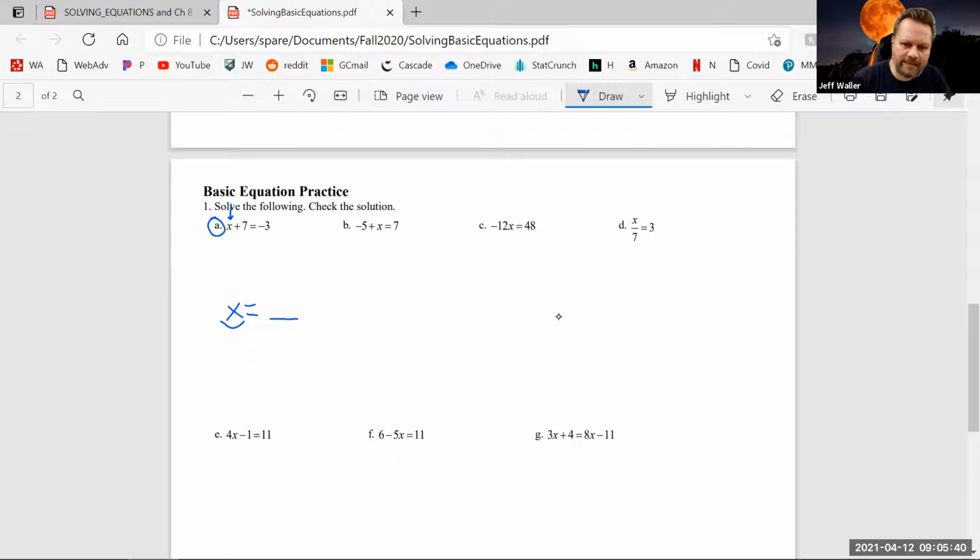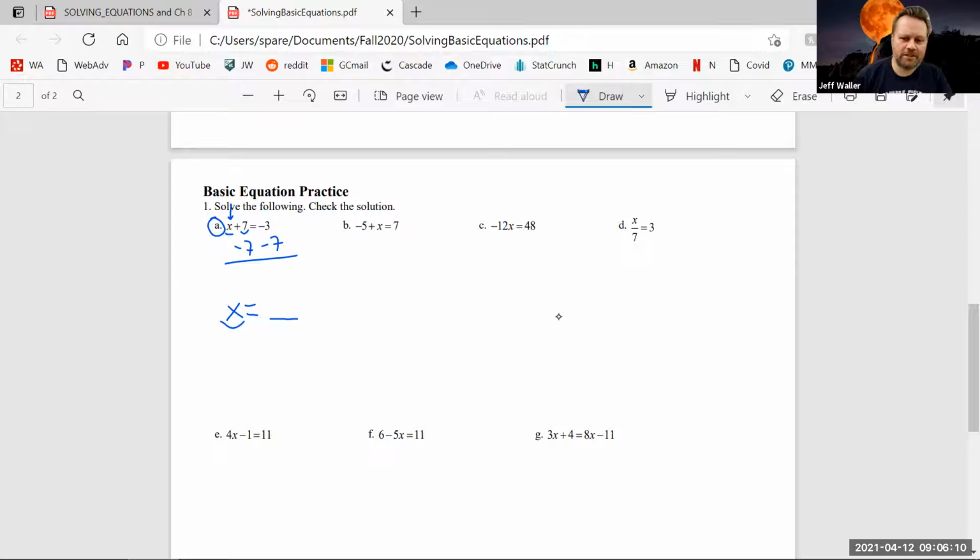So I'm always asking myself, why is the variable not by itself? In this case, the 7. Well, how do I get rid of that 7? Well, he's adding, so I'm going to subtract him. All right. And I know that if I do the same thing to both sides of an equation, it maintains the truth of it.